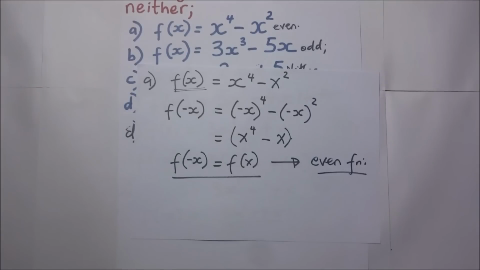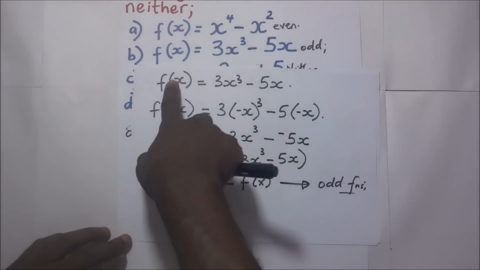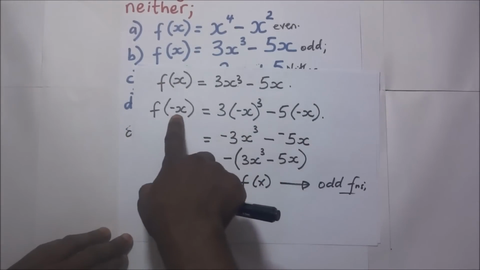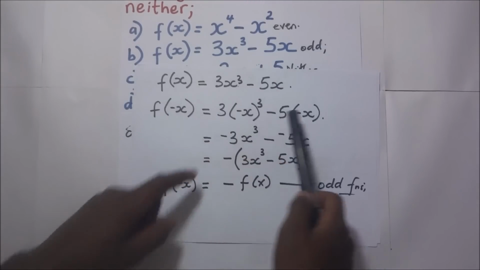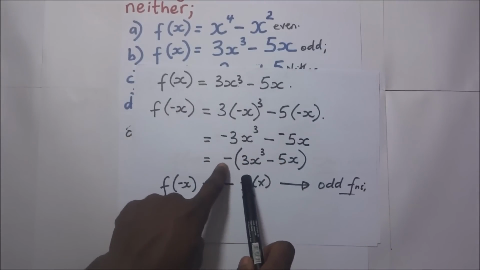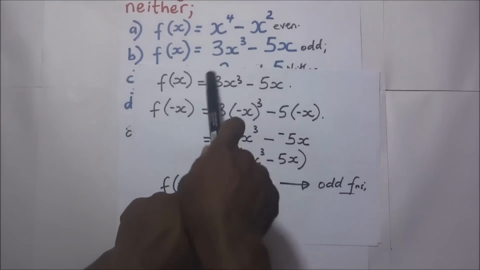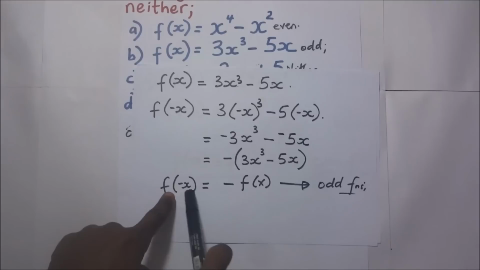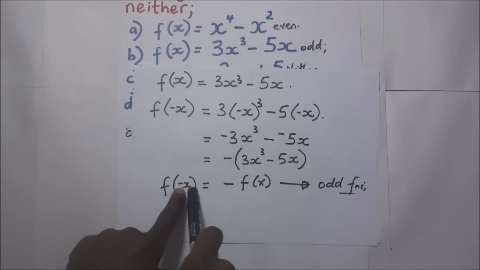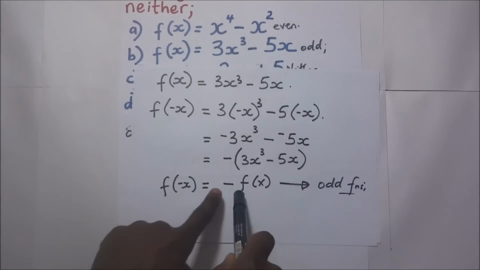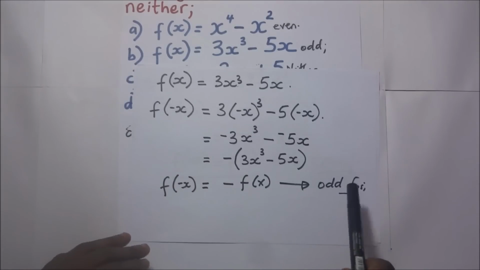Likewise, for odd functions, if I plug in a negative into the original function and I work it out, and it comes out that it gives me the negative of the original function, then that qualifies to be an odd function.